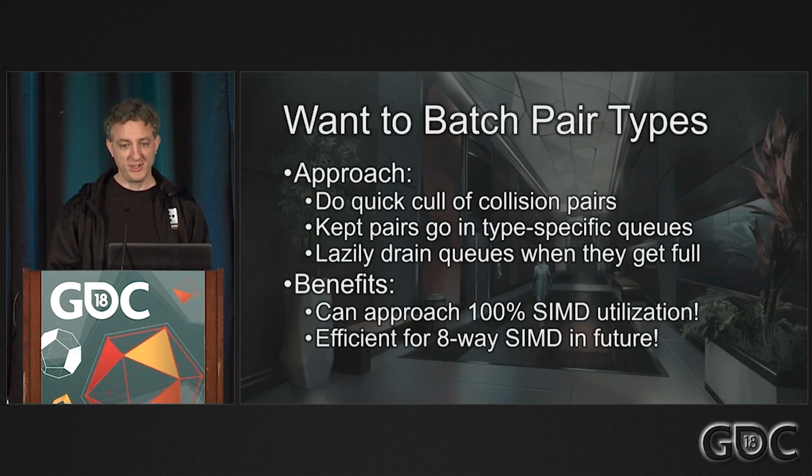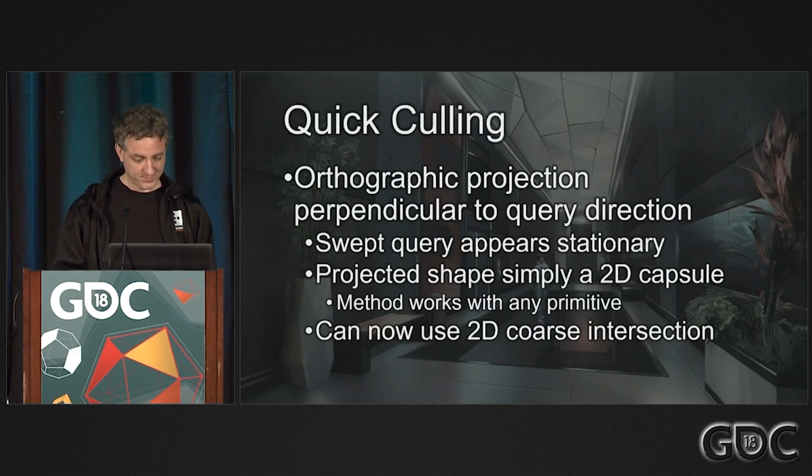So what we'll do is we'll quickly cull some collision pairs and put the ones we keep into type-specific queues for like sphere versus vertex, cylinder versus edge, and so on. And we'll drain queues when they get full. And this does automatic vectorization for SIMD at runtime. And it is perfectly good for 8-way SIMD in the future and is as good as you can get.